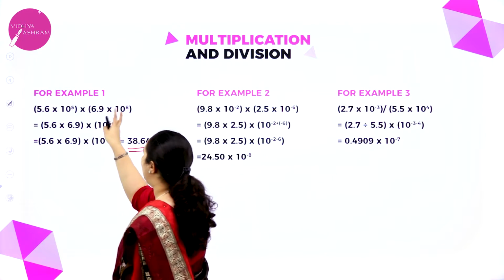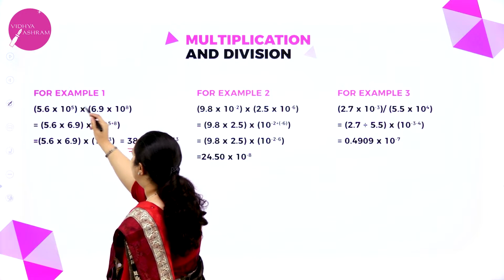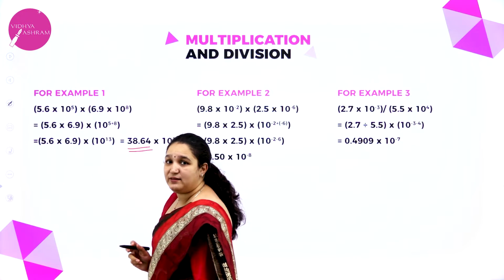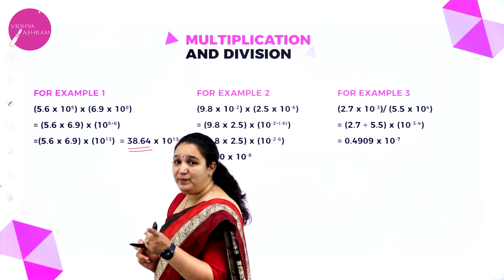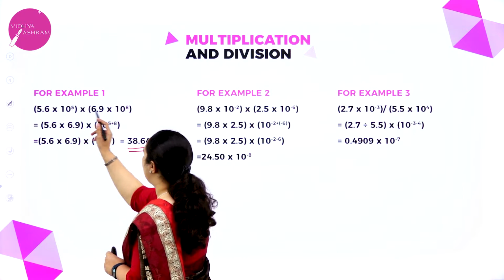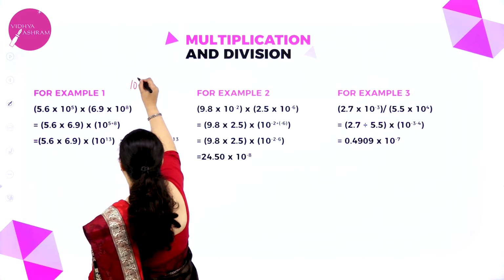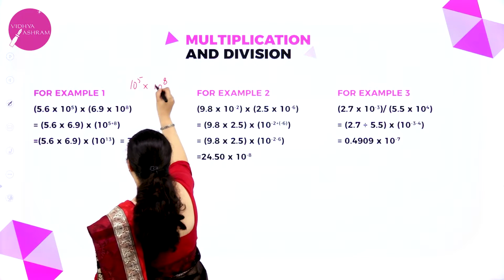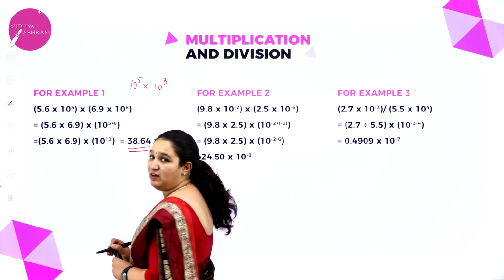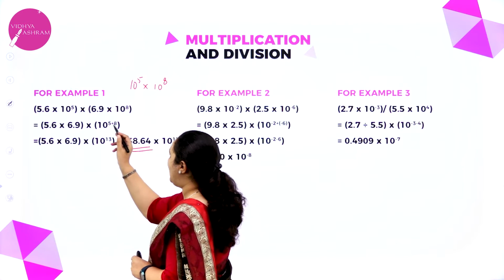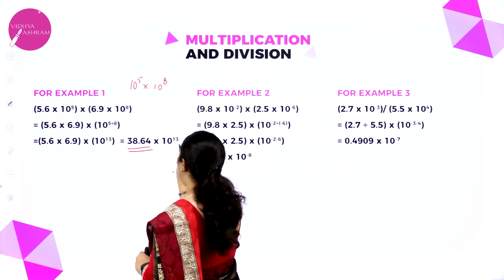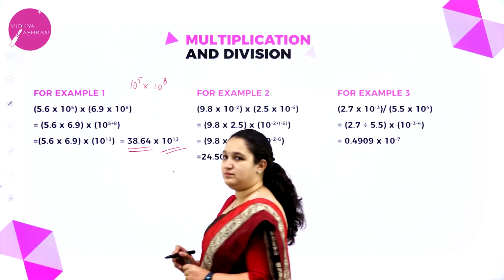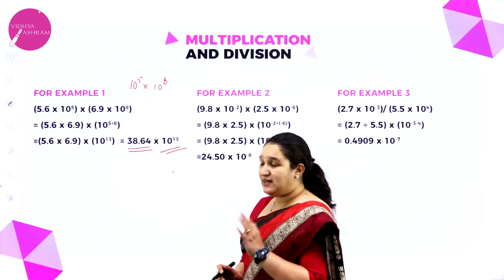See, when there is a multiplication, remember the exponents are added. So 10^5 times 10^8 is the addition of the exponents, 10^(5+8). So 5 plus 8 is 13. I am writing it as 13. Is it clear? So that is multiplication.